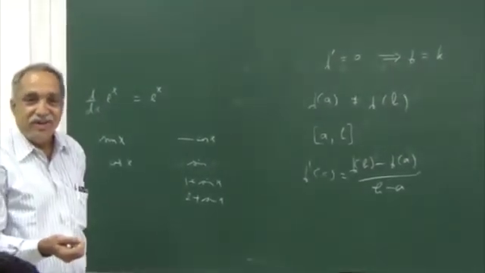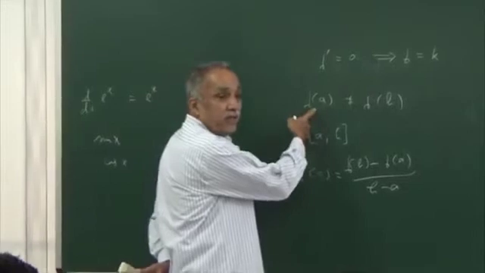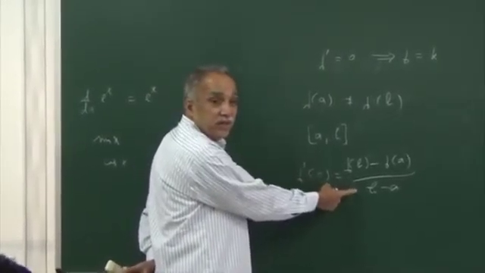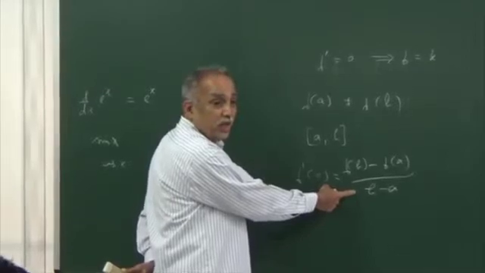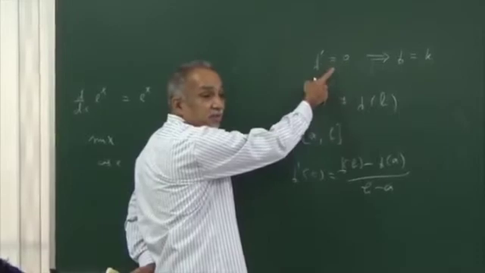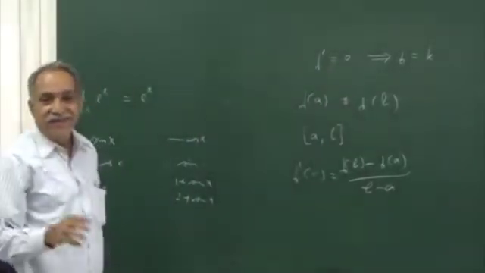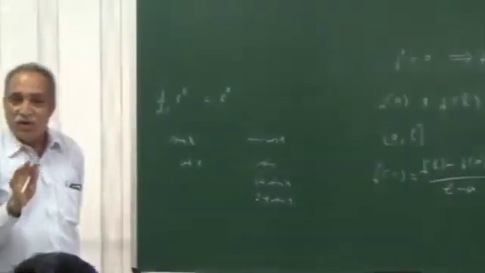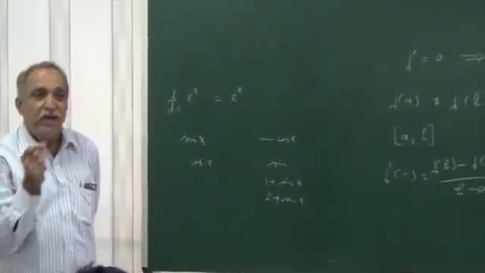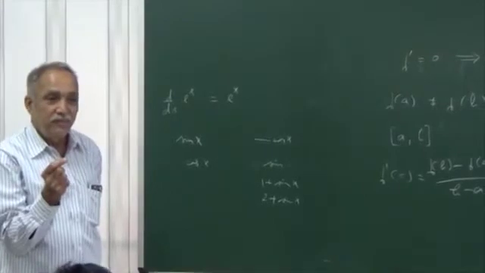Yes. You have assumed f of a and f of b are not equal, so you are getting f prime c not equal to 0. Are you not contradicting that? Okay? You are convinced that if a function has derivative 0, it must be a constant.